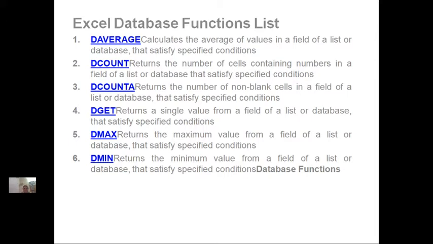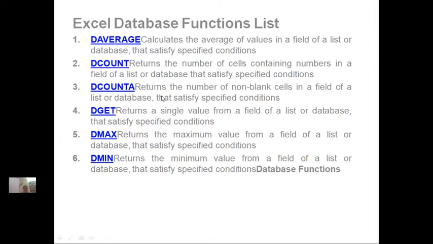Count means it is counting the cells which contain data. That is why it is called daverage, that is, database average. Then dcount A returns the number of non-blank cells.